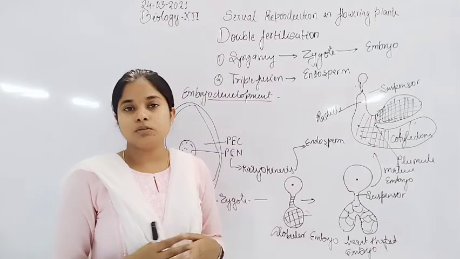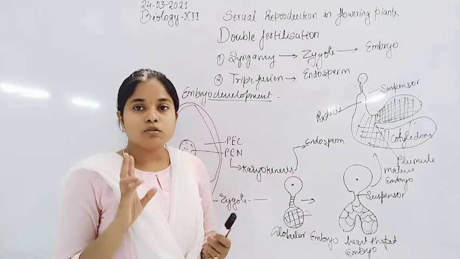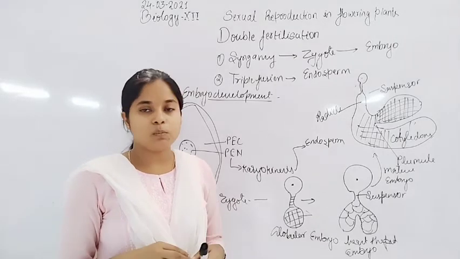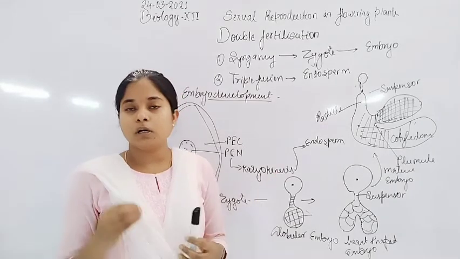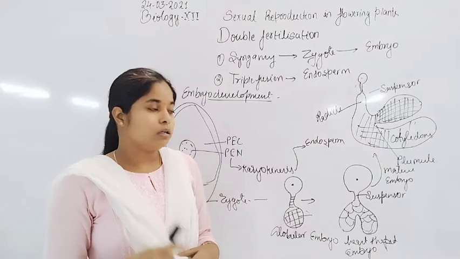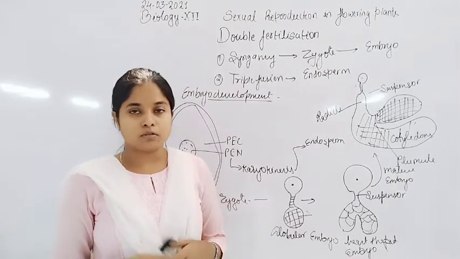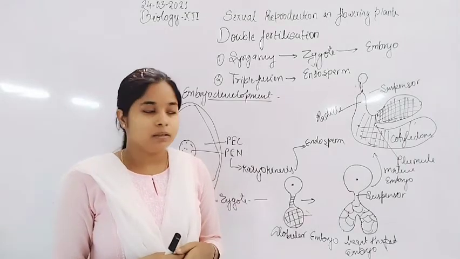As we already know, each pollen grain consists of two sperm, and the two sperm transfer into the embryo sac with the help of the pollen tube, and synergids guide the migration of these two sperm inside the embryo sac, so that they can easily fuse with the polar nuclei and the egg cell.